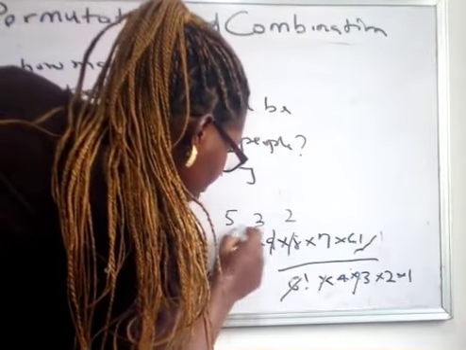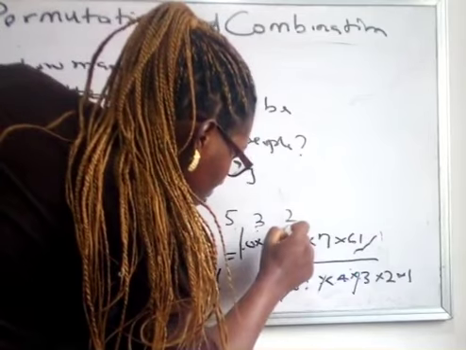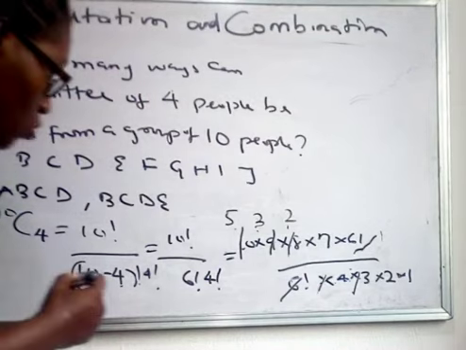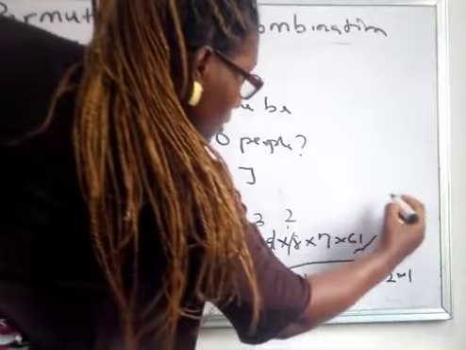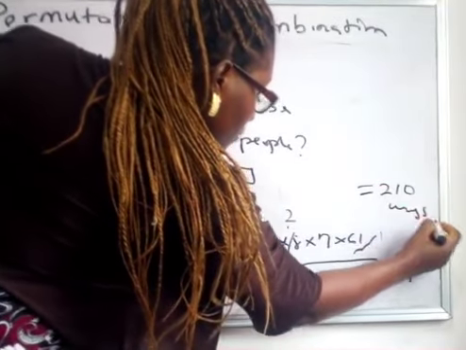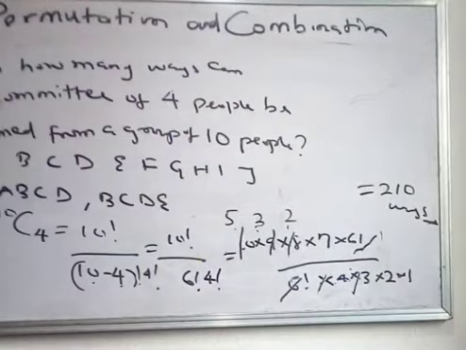So we have 5 times 3, which is 15, times 2, which is 30, times 7, which gives us 210 ways. That's our final answer. Did you see how we had to select these 4 people out of 10?